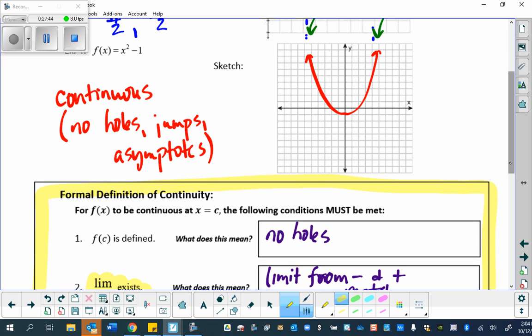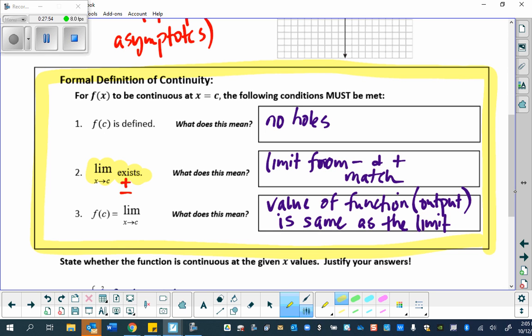Now, if it's a function with nothing in the denominator, then I have a continuous function. So our formal definition of continuity is: if my value is defined and I have no holes, if my limit exists for the positive and the negative side, and if these two things are the same, then I know my function's continuous.